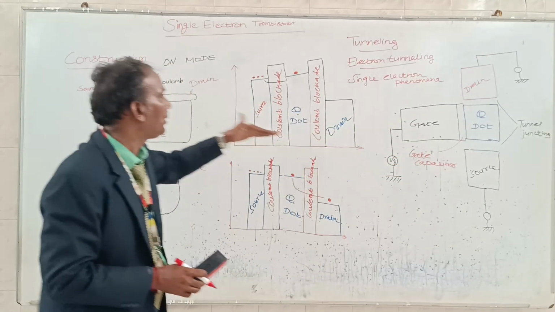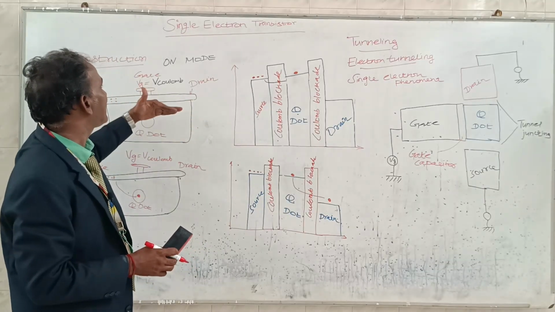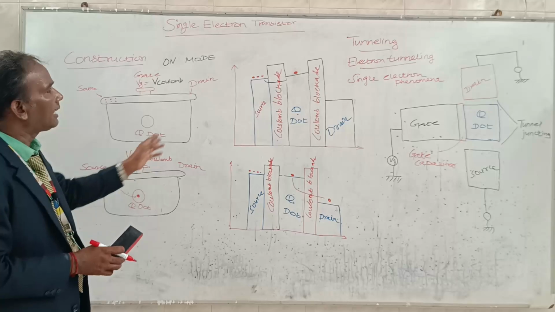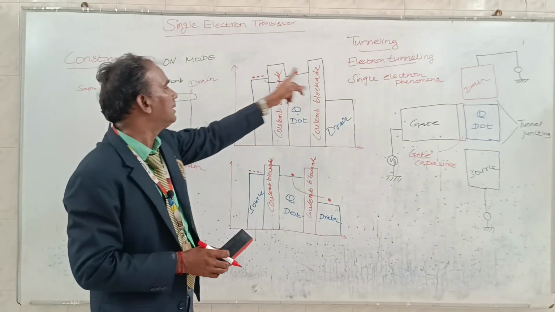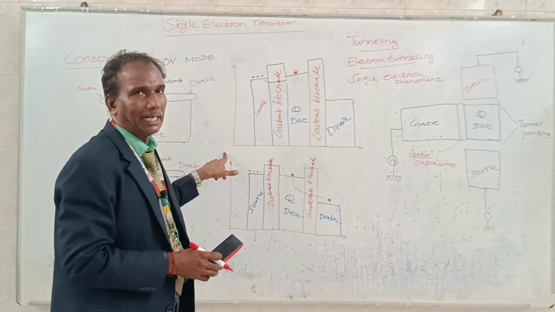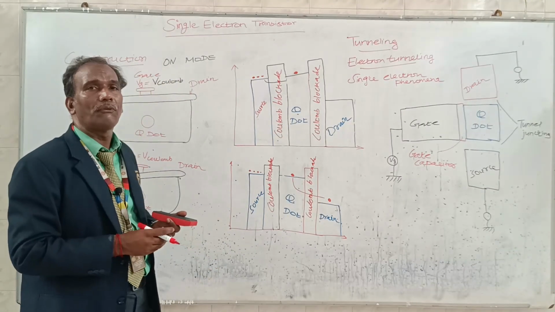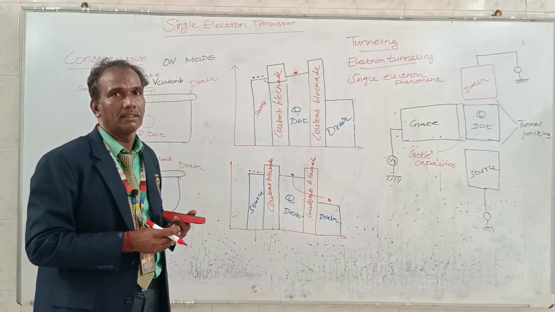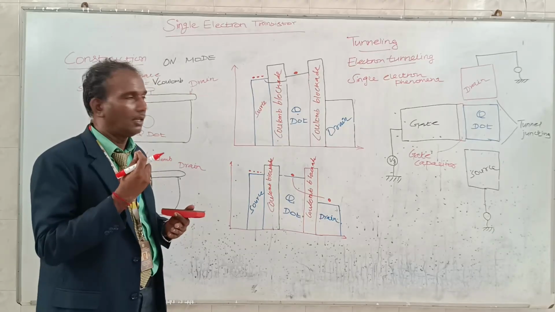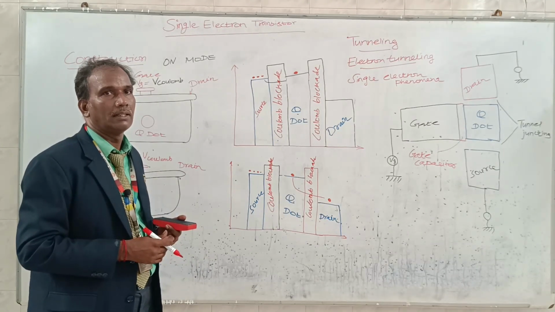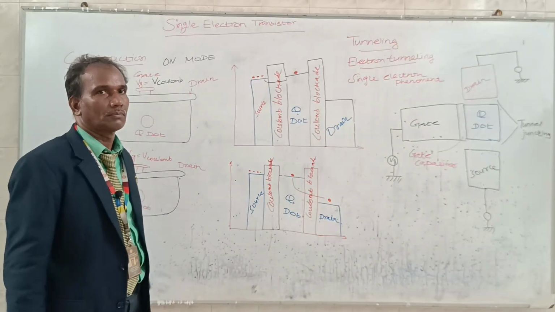Then under the construction, you can give the schematic diagram. Under the working, you can give the energy level diagram. After that, write a few applications, a few advantages and disadvantages. Thank you.